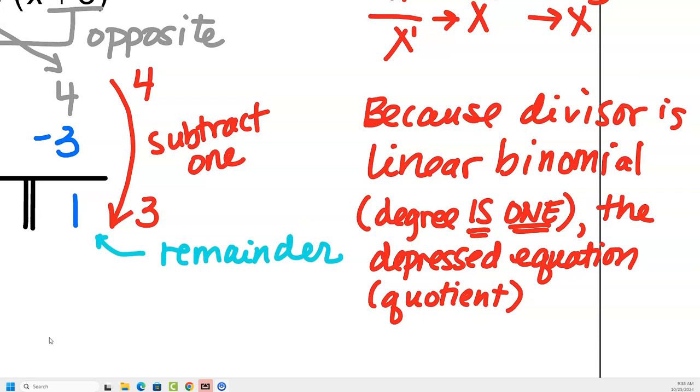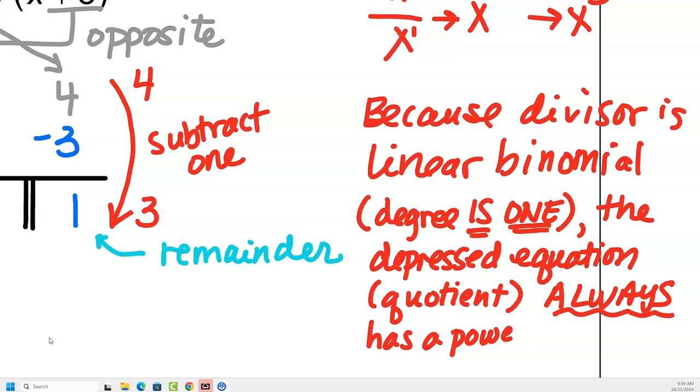Always has a power 1 less than the dividend.